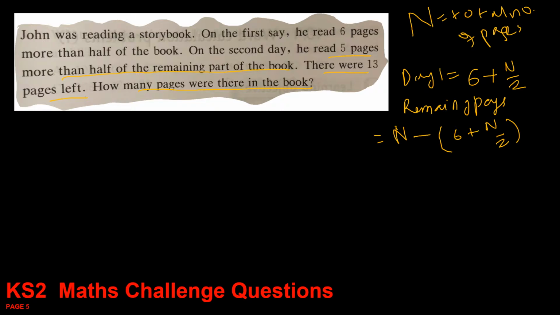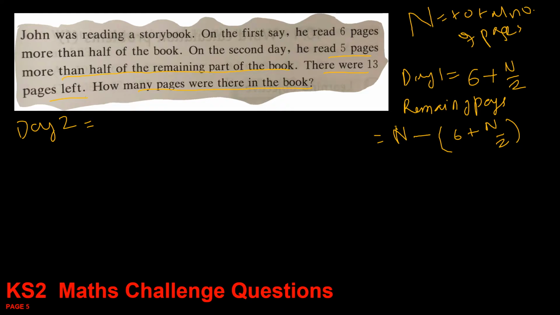Okay, now let us work out day 2. How many pages did he read on the second day? He read 5 pages more than half the remaining part of the book.